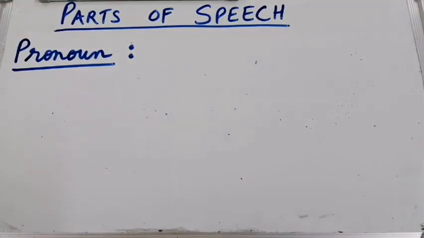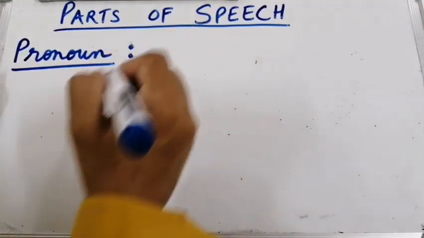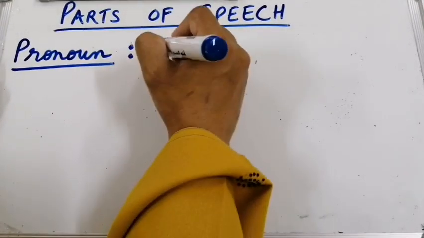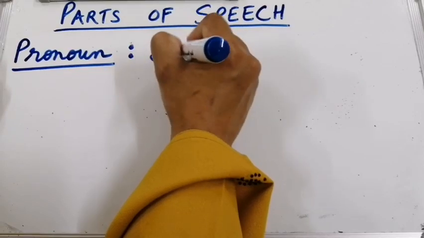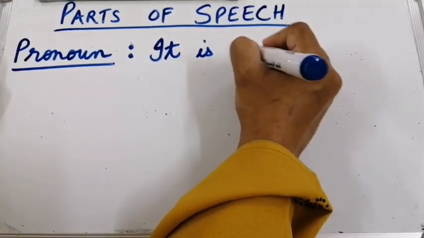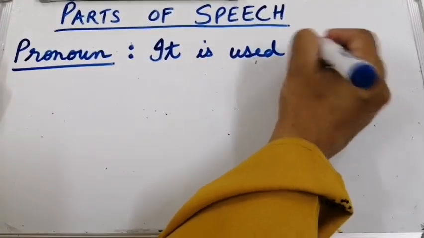Pronoun is equal to a noun. It's just like a noun, but it is used in place of a noun. Any word that is used in place of a noun.